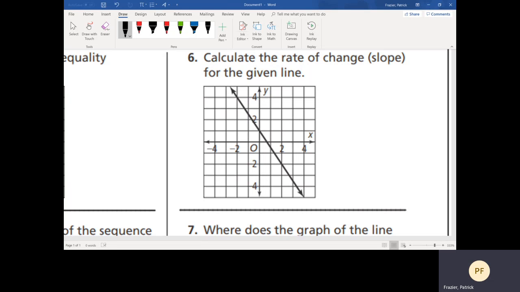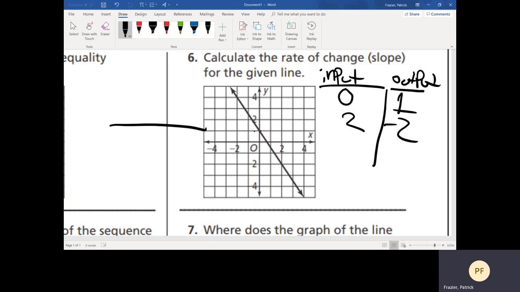So the y-intercept over here is where the input is 0. The output is 1. And then over here, where the input is 2 on the x-axis, the output is -2.